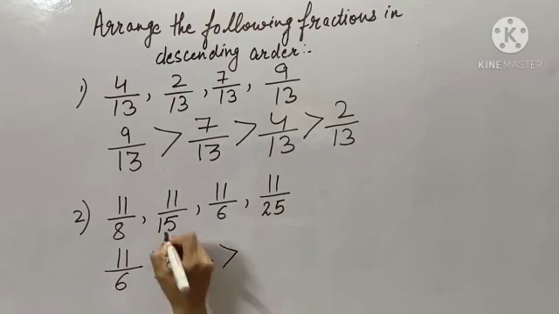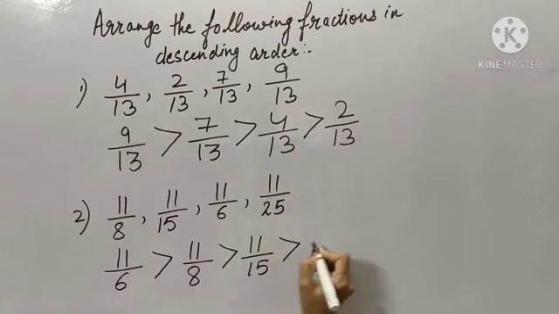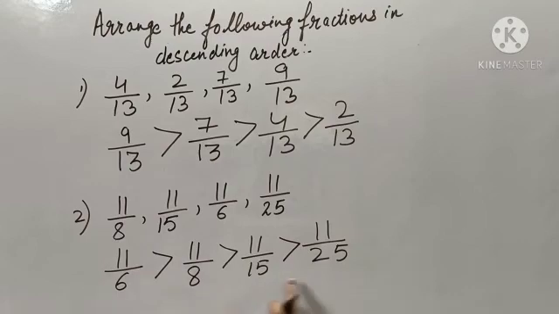Then 11 upon 15. And in the last, my smallest fraction is 11 upon 25. Why? Because 11 upon 25 has the greatest denominator among all the given fractions.